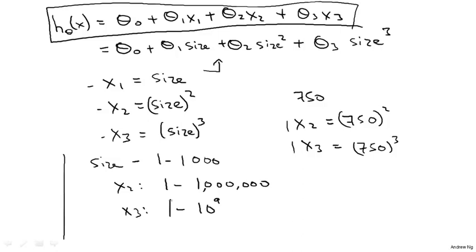Okay? And so with this sort of polynomial regression model, your three features x1, x2, x3 will take on very different ranges of values. And so if you have these sorts of features, you might remember to rescale the features, right, to have comparable ranges.